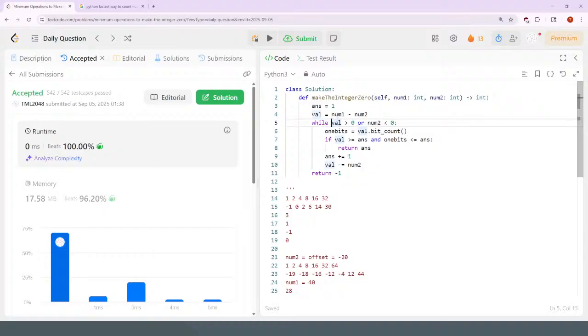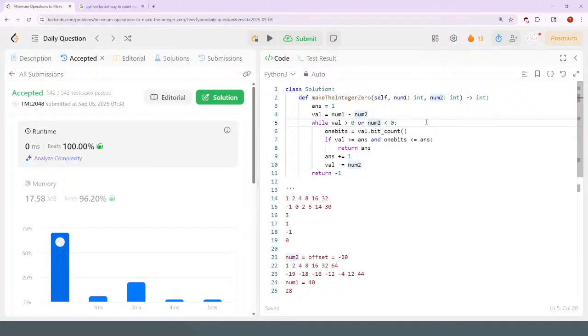While the summation is greater than 0, or, is this an OR here? Why is this condition continuing the loop? Wow.